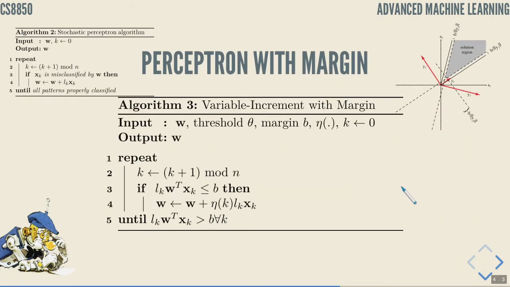So indeed, we can take the stochastic perceptron algorithm and reformulate it to work with the margin. We define how much we want the margin to be, like this gap that the points are not allowed to be within the vicinity of the separating hyperplane.